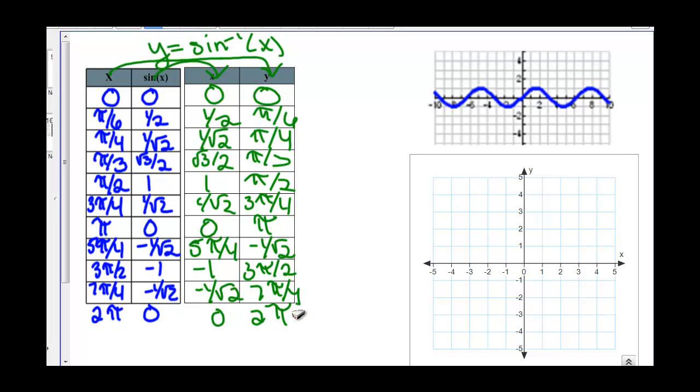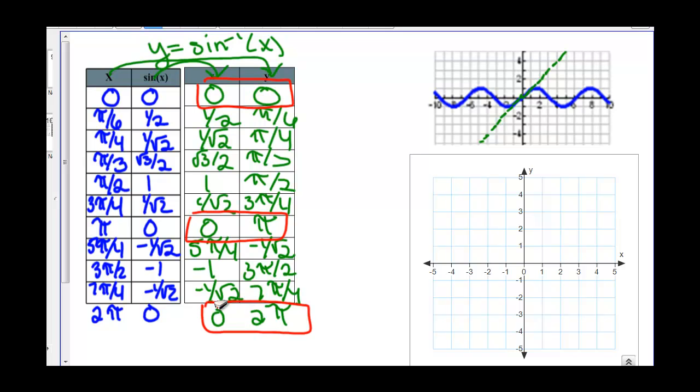Also, remember with inverse functions that we take our graph and we flip it over the line y equals x. Remember, a function is where each x can only be paired with one y. So when we look at our values, 0 goes to 0, but 0 goes to pi, and 0 goes to 2 pi.